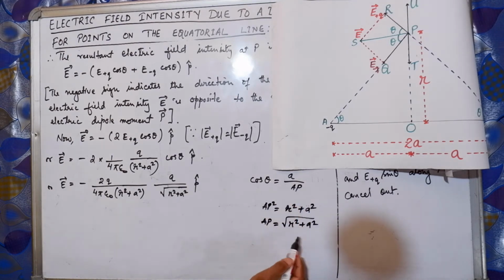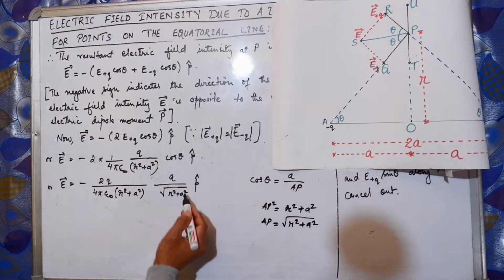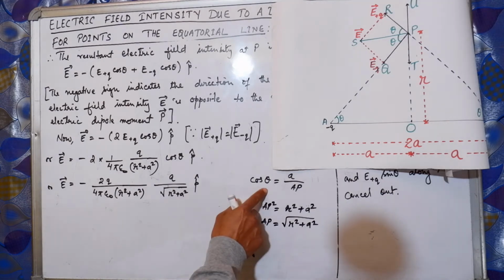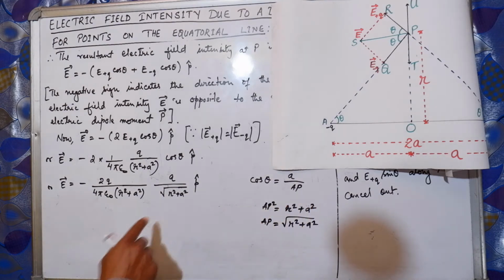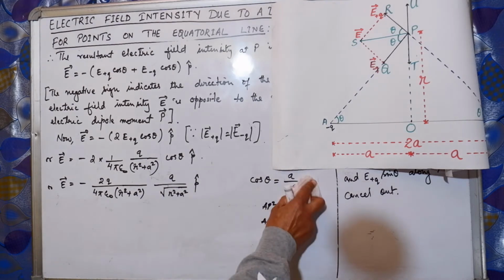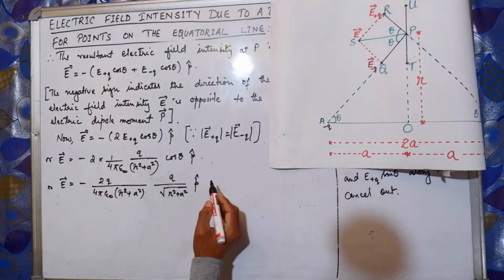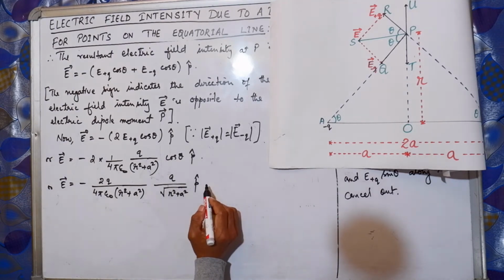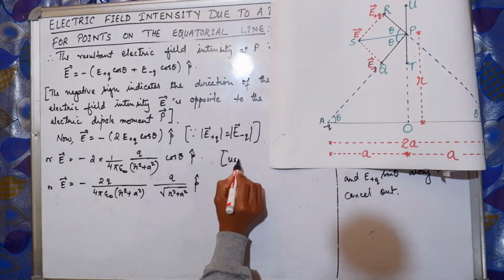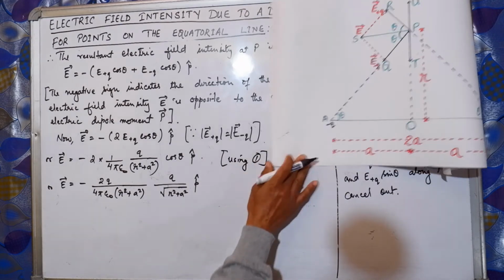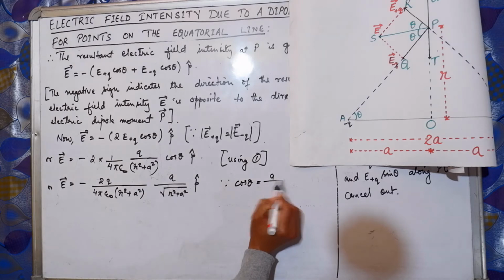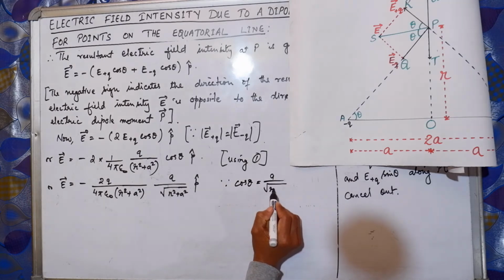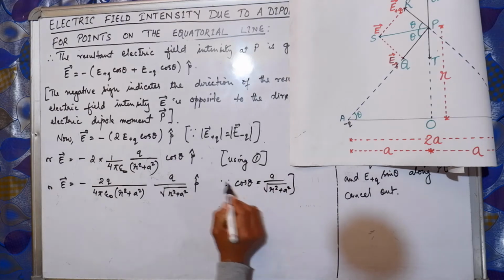So cos theta will be equal to A by root over R square plus A square. The reason is using equation 1, and since cos theta is equal to A by root over R square plus A square.